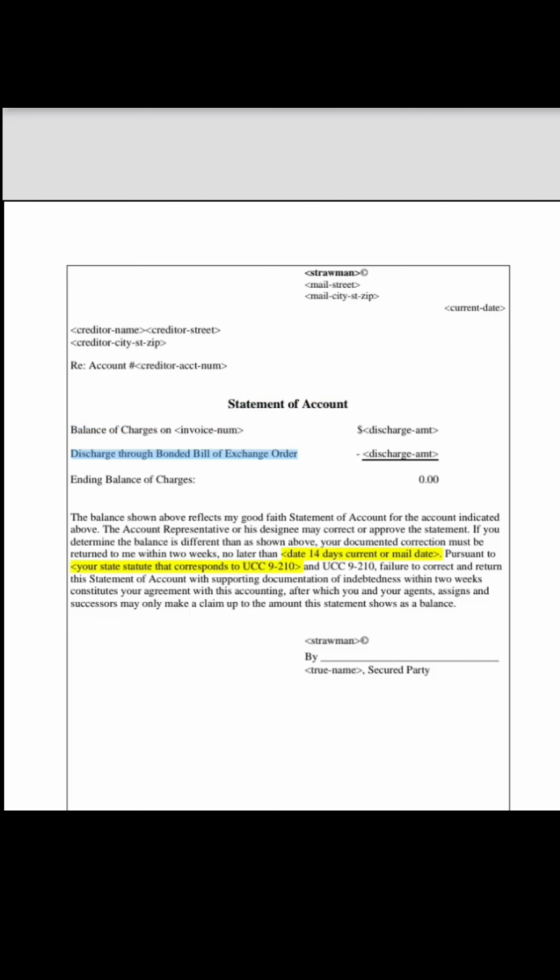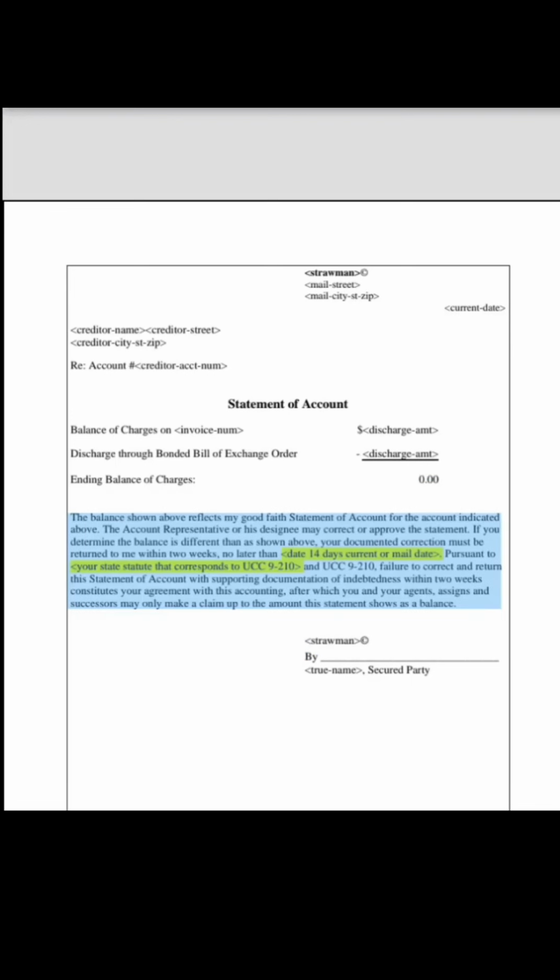Statement of account. Discharge through bonded bill of exchange order. Ending balance of charges. <Straw man> c/o <mail street>, <mail city street zip>. Dollar <discharge amount>. <Discharge amount>. By <straw man>.